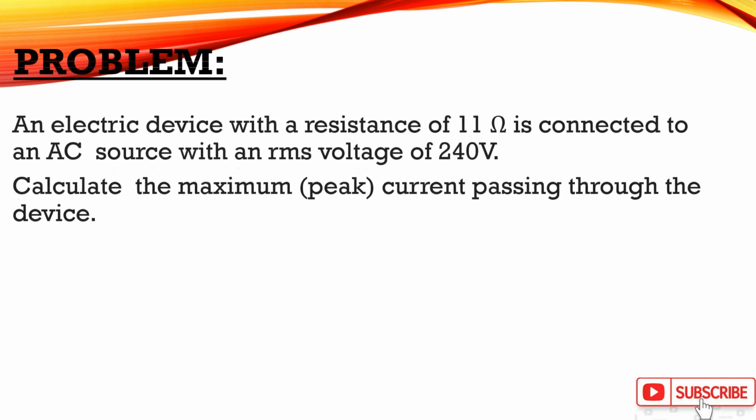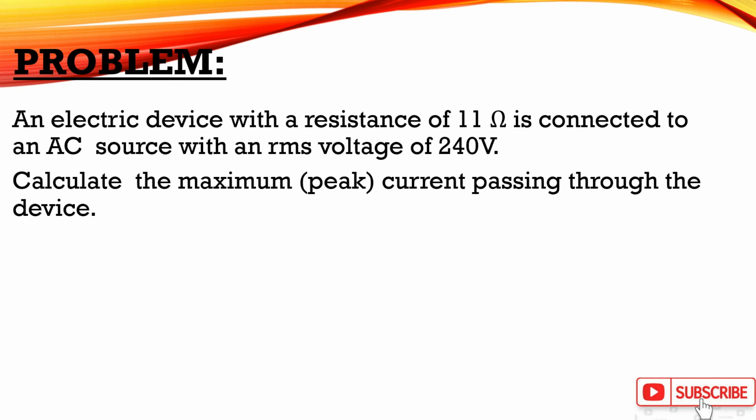The problem: an electric device with resistance 11 ohms is connected to an AC source, alternating current source, with an rms voltage of 240 volts. Calculate the maximum, in brackets the peak, current passing through the device.